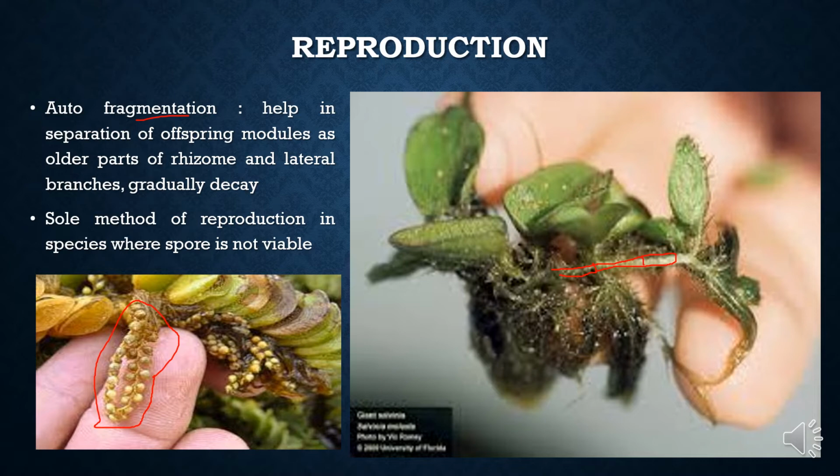We know that Salvinia has two photosynthetic leaves on the surface that are floating, and one submerged leaf that is much filiform, and each segment contains sporocarps. Each of these yellow or golden colored globular structures is a sporocarp in Salvinia, and each sporocarp contains many sporangia inside it.